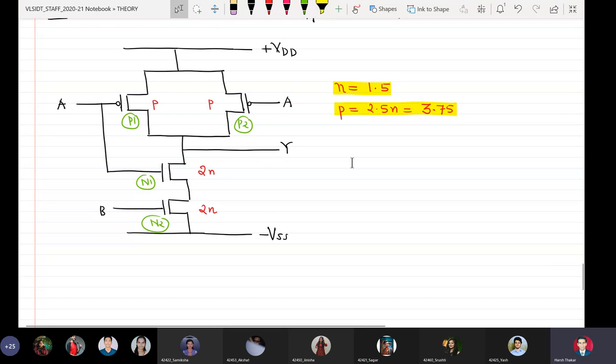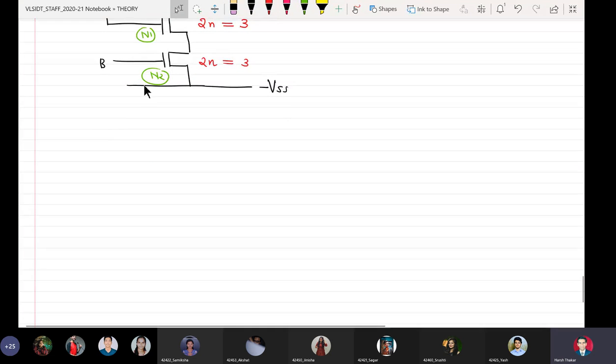Now we go down and write that because N is 1.5, the value of 2N is equal to 3. That means the size of individual NMOSs are 2N, but the value of the size is 3.